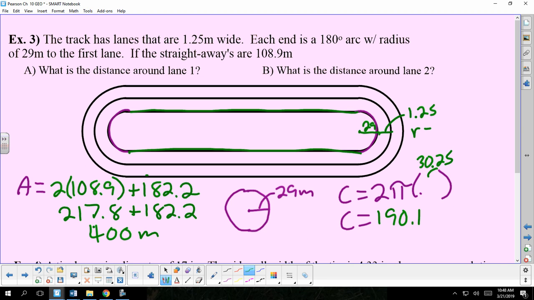And then the distance around lane 2, for part B, would be 2 times 108.9 plus 190.1.